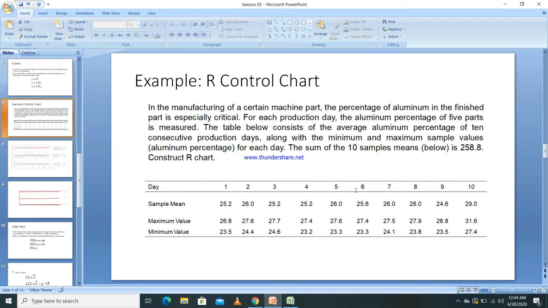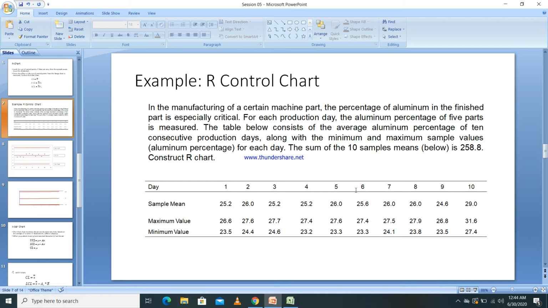So in order to monitor the quality of your product, what we have done here is we have measured the percentage of aluminium in each and every part. They have selected 10 consecutive days, and each day they are checking 5 parts.